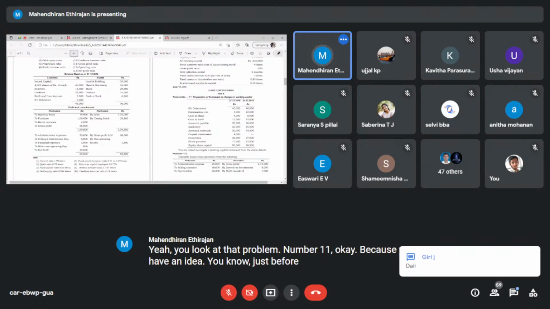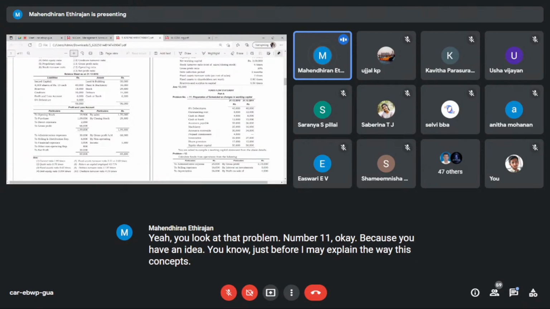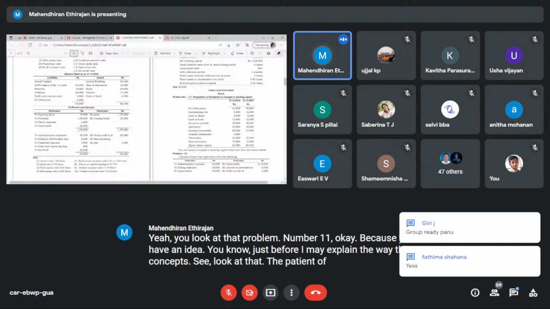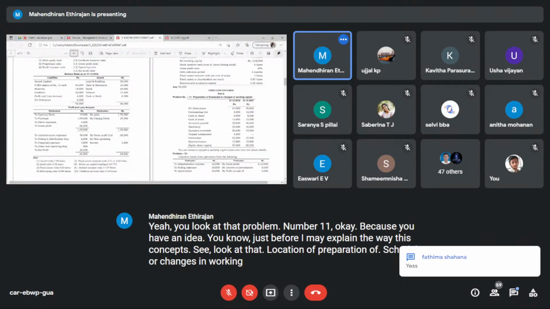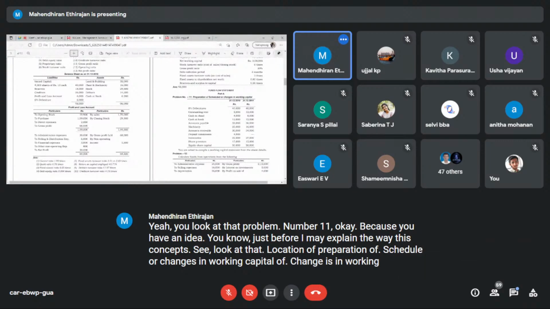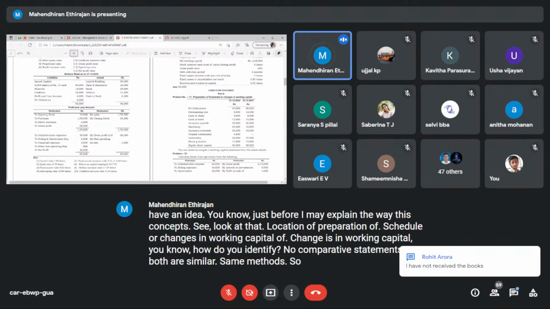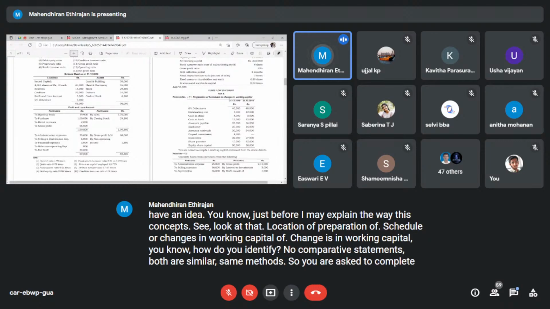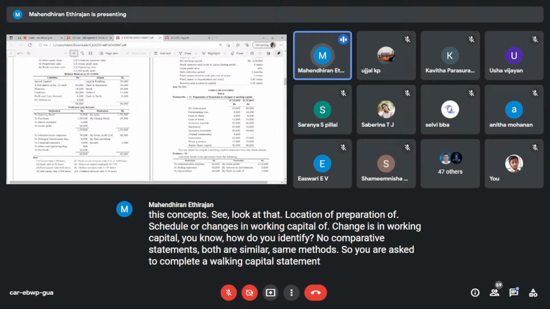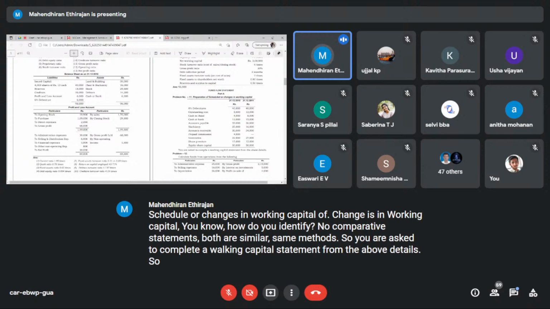Just before that, I may explain the various concepts. See, look at that, preparation of schedule of changes in working capital. How do you identify? Comparative statements. Both are the same methods. So you are asked to complete a working capital statement from the above details. So underline the words working capital statement.